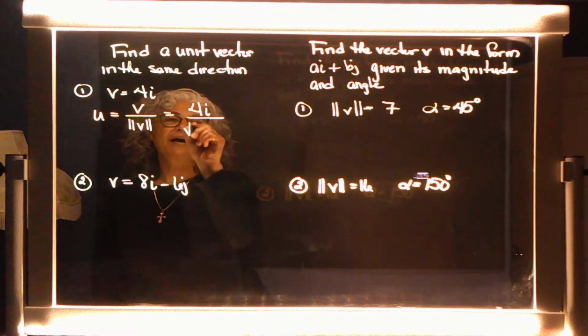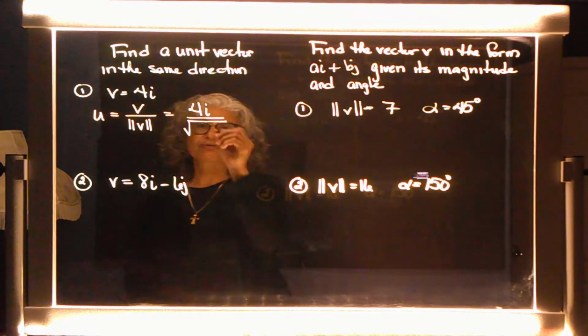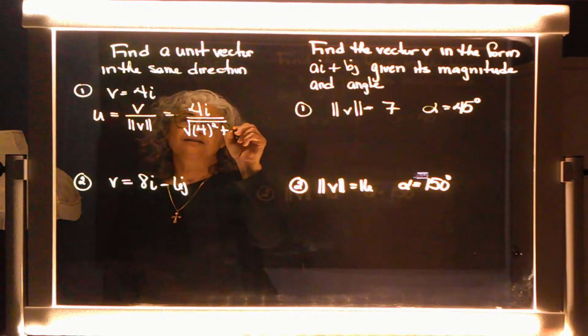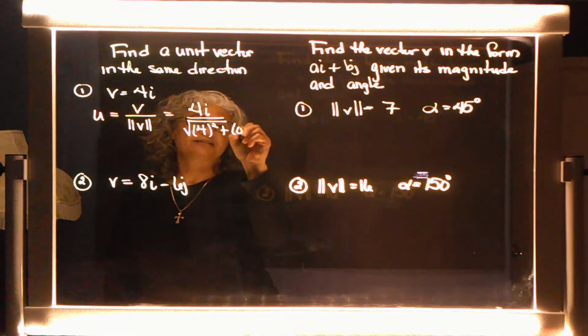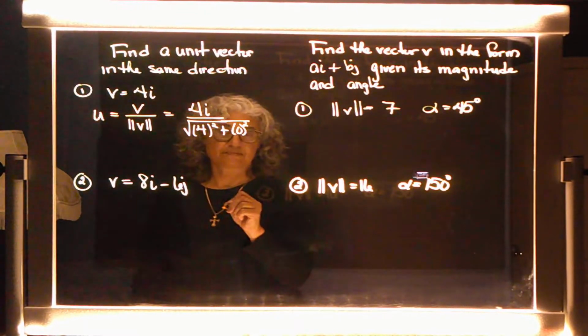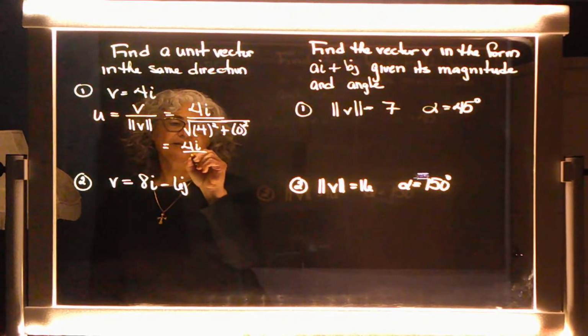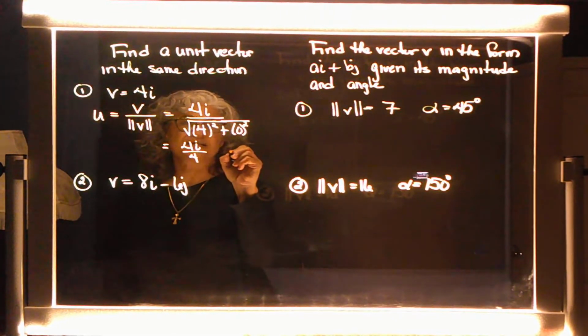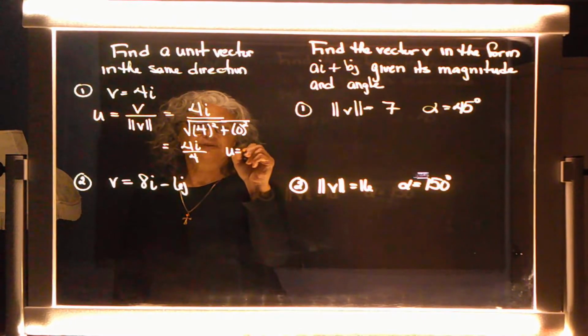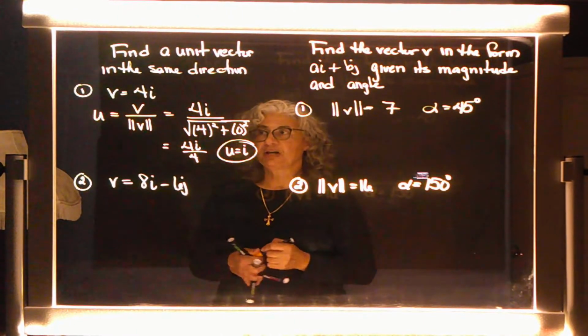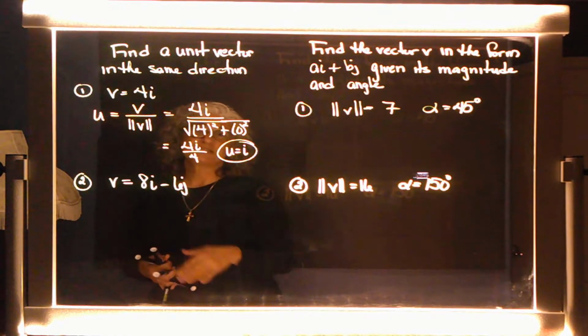And to find its magnitude, you just have the square root of 4 squared, because the j component is 0, isn't it? Which means you would have 4i divided by 4, which means in this case, your unit vector would just be i, wouldn't it? Okay? That one was nice and simple.